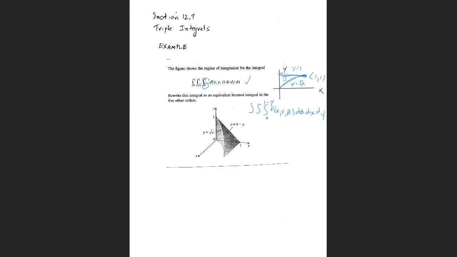My region D is bounded below by the function y equals root x, above by the line y equals 1. But would this be right to put root x here and 1 here? Would that be correct?